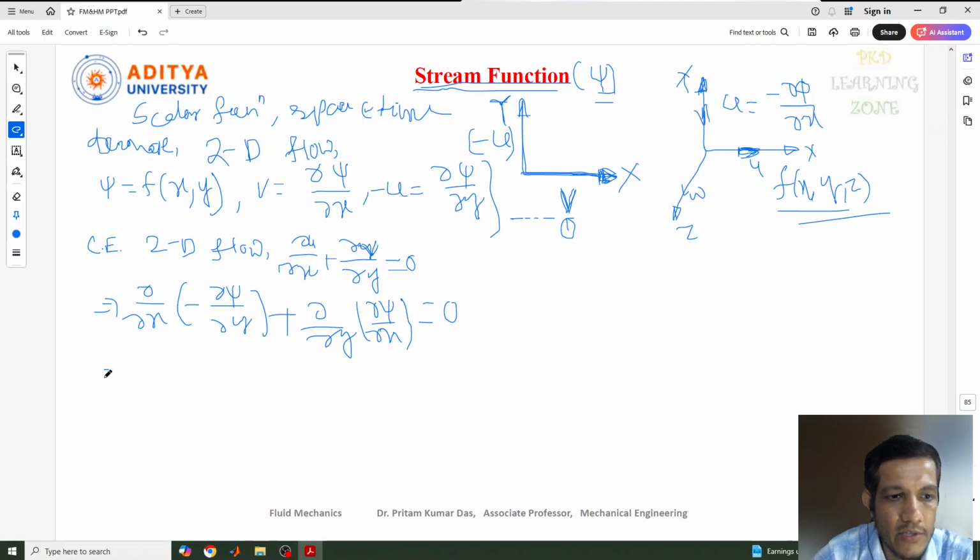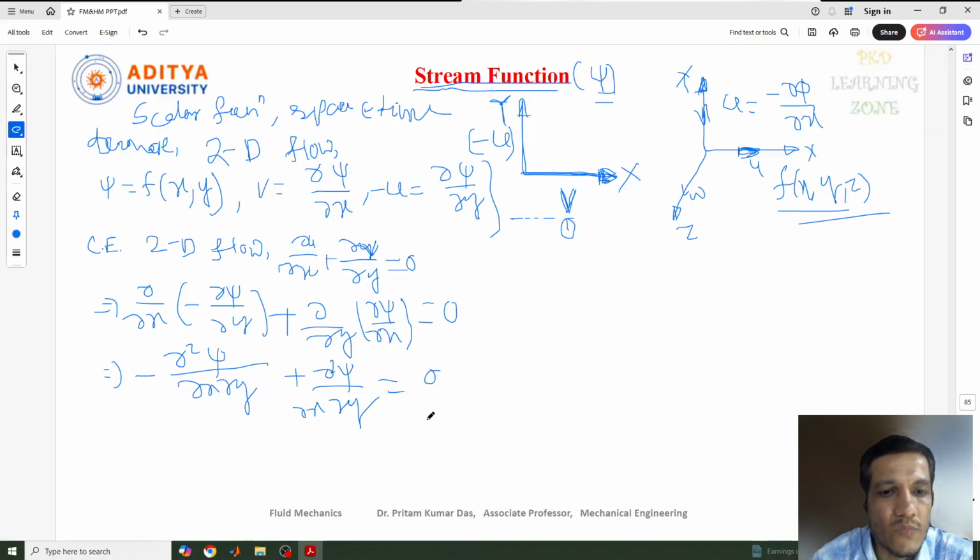If you resolve this, what will we get here? Minus del square psi divided by del x del y plus del square psi divided by del x del y equal to 0. So this is the equation we got here.